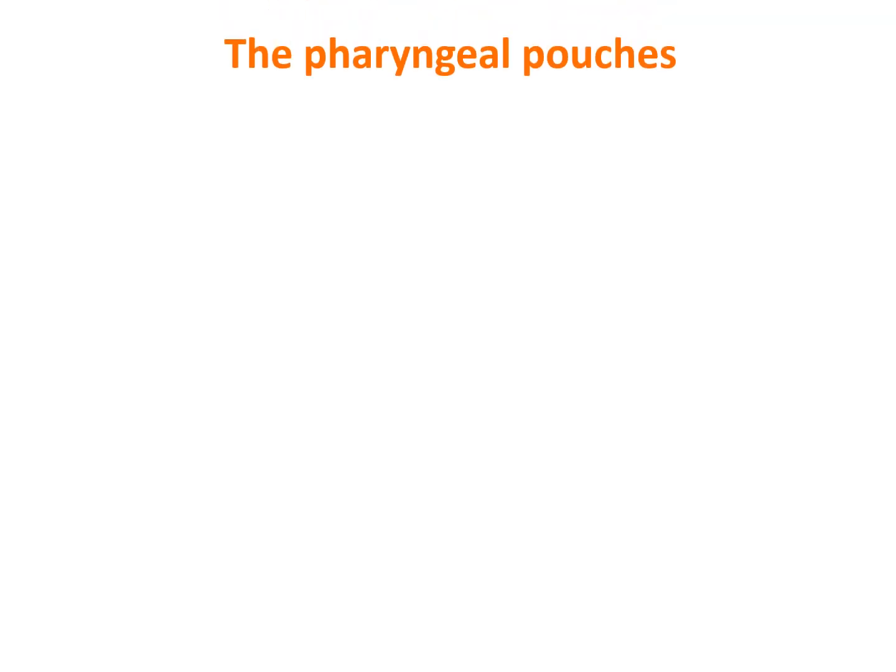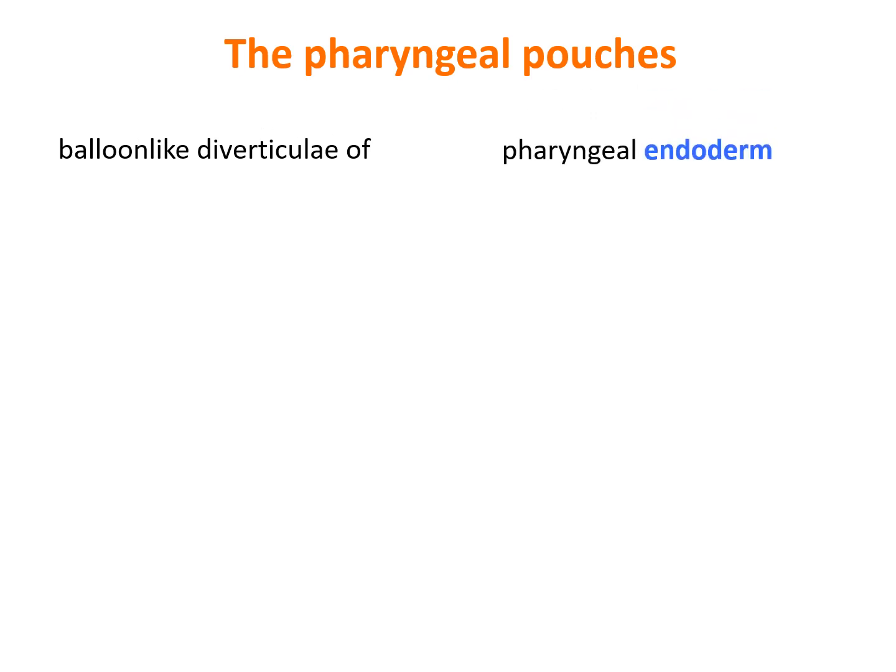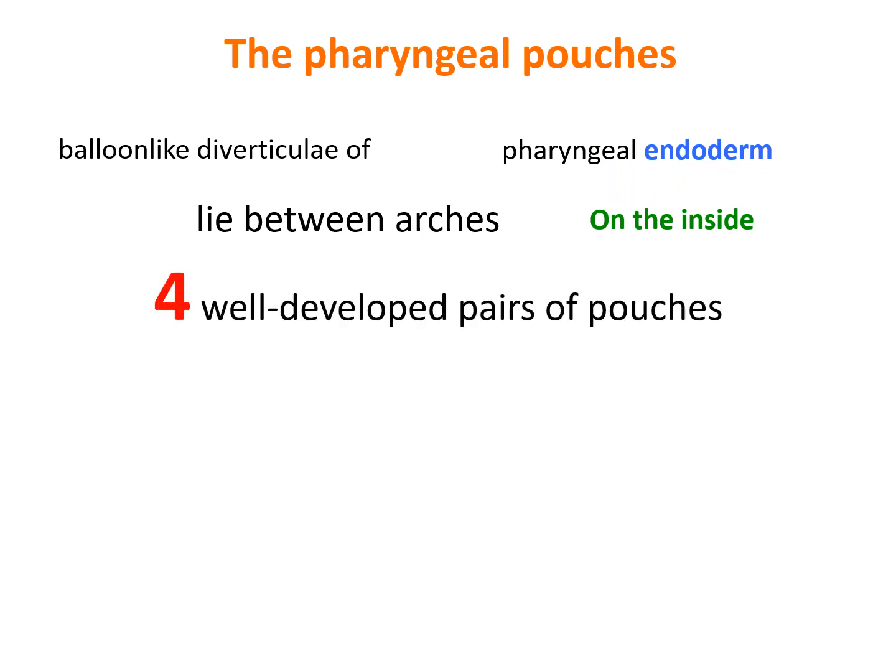Now let's write some notes about pharyngeal pouches. They are balloon-like diverticula of pharyngeal endoderm on the inside of the pharyngeal cavity. They lie between pharyngeal arches on the inside. Four will be well-developed pairs of pouches.